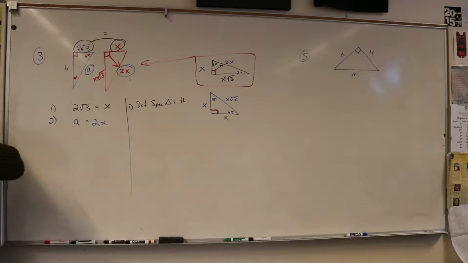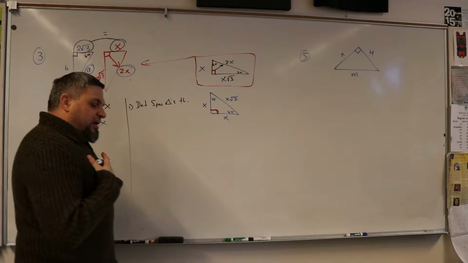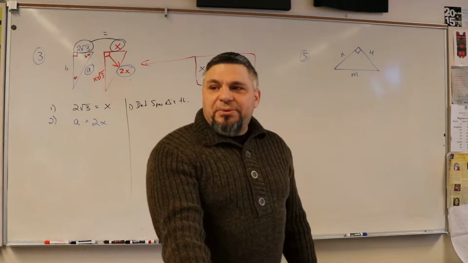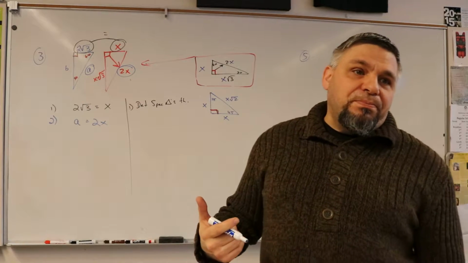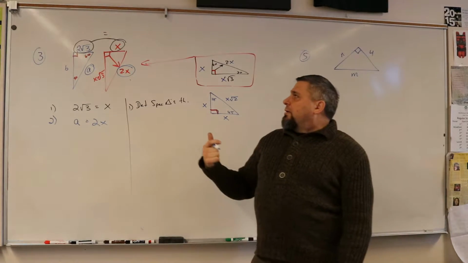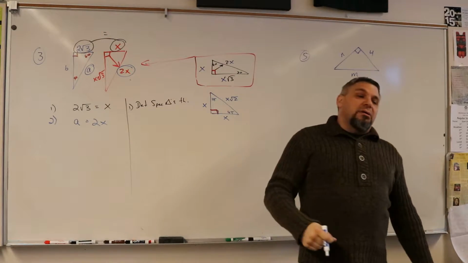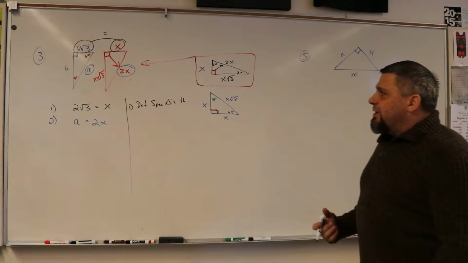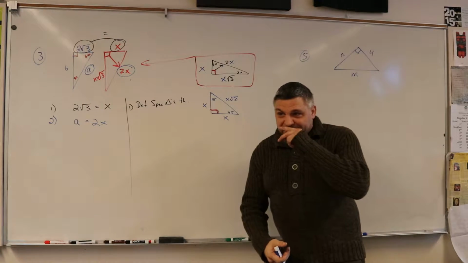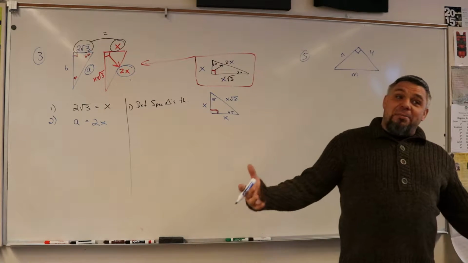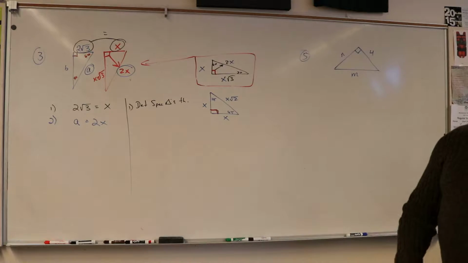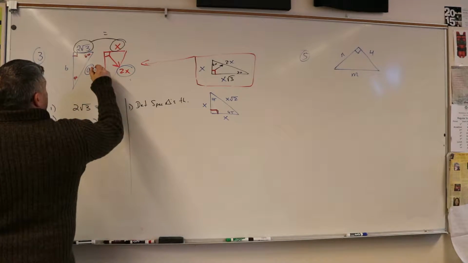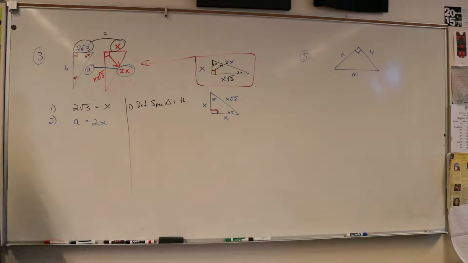Remember, if something is special to you, okay, then you use that something to help you through the problem. These special triangles are going to be very helpful if they're in your notes. Okay? Better if you memorize them, but very helpful if they're in your notes. I should be able to see that these are connected.